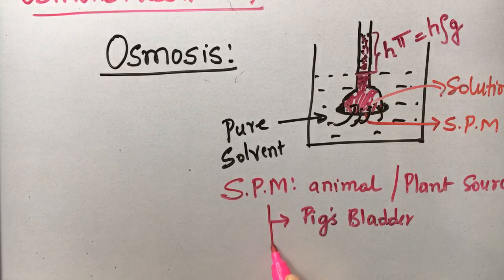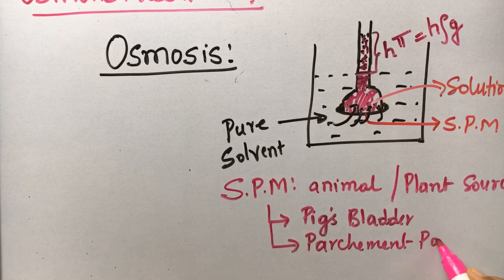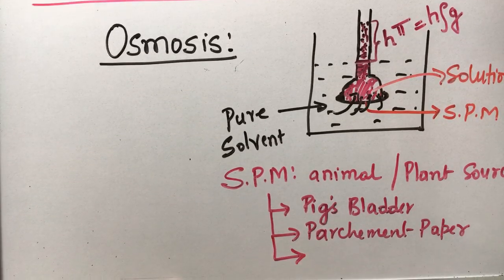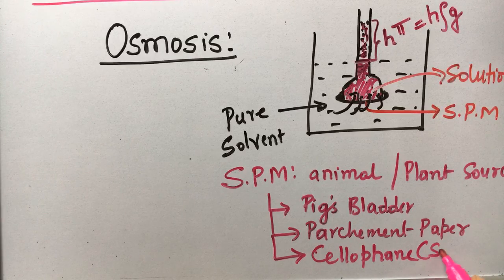Parchment paper is also an example for semi-permeable membrane. And another important synthetic semi-permeable membrane is given in your NCERT. This is cellophane. This is a synthetic semi-permeable membrane.